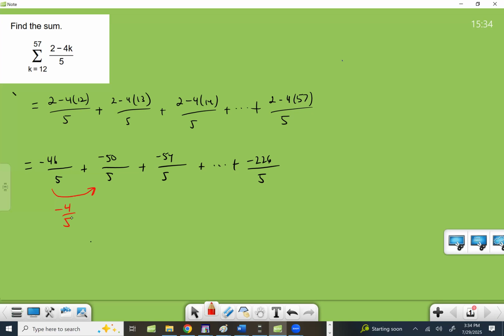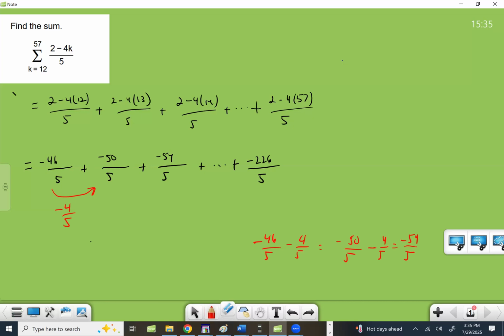Think about it: if I take negative 46 fifths and take away 4 fifths, I get negative 50 fifths, which is exactly the second term. If I took another 4 fifths away, I'd have negative 54 fifths, which is the third term.